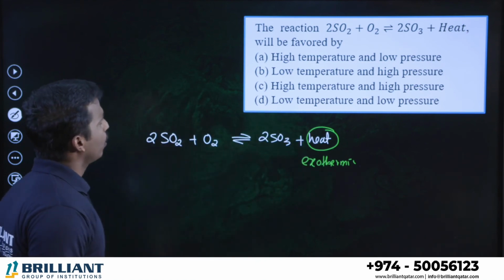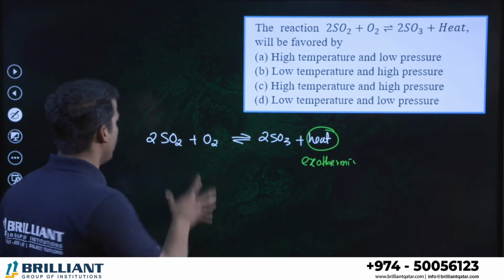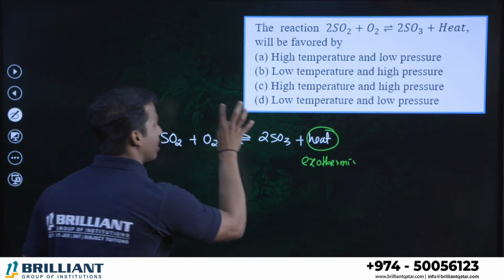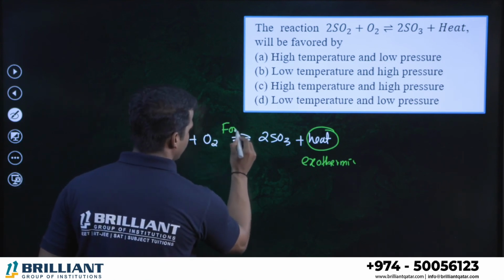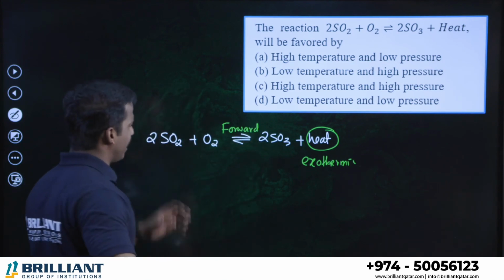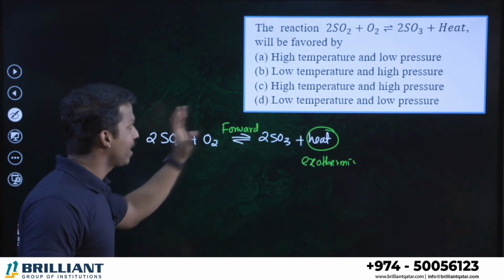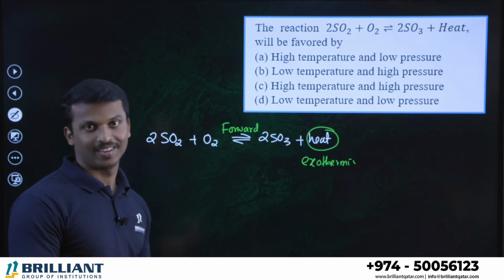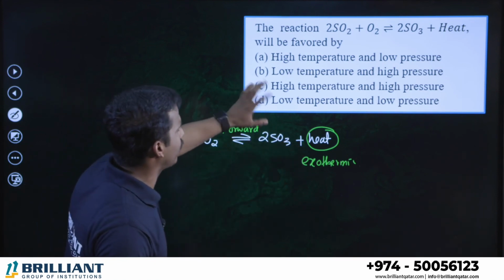The reaction is SO2 combined with O2, giving SO3. This reaction is favored at what condition? It is an exothermic reaction. I think the question is related to temperature and pressure.